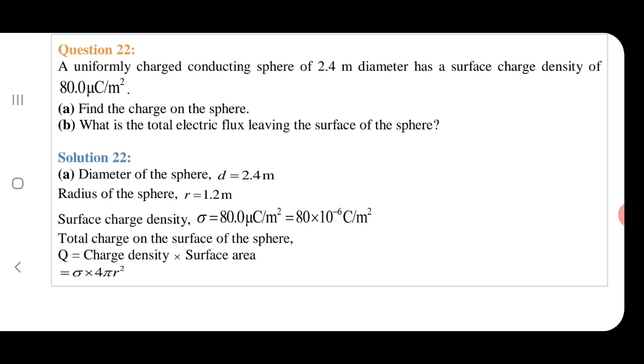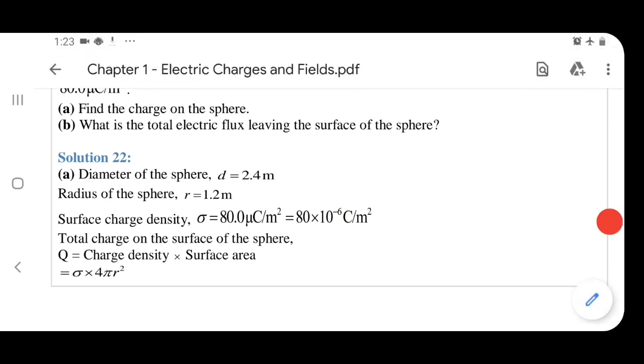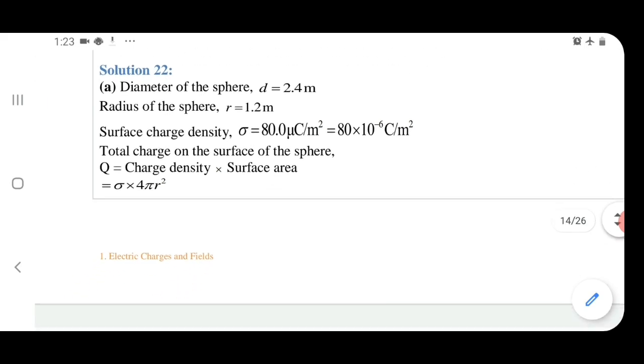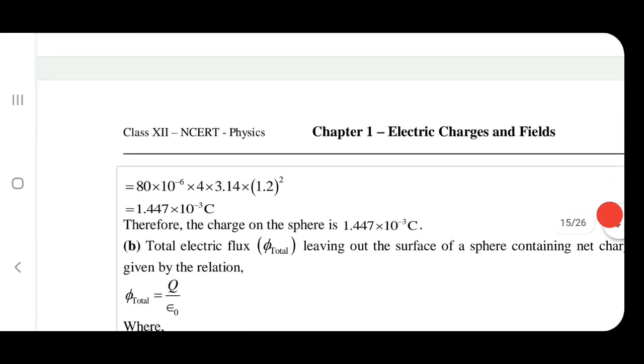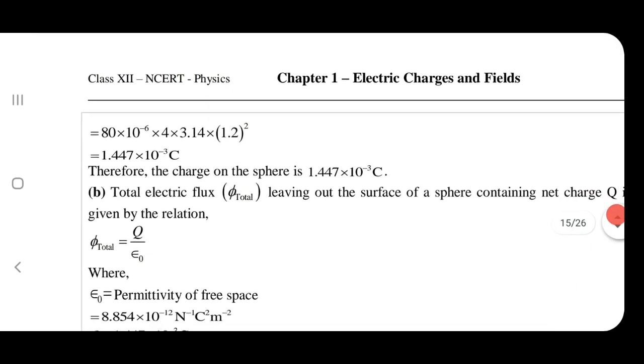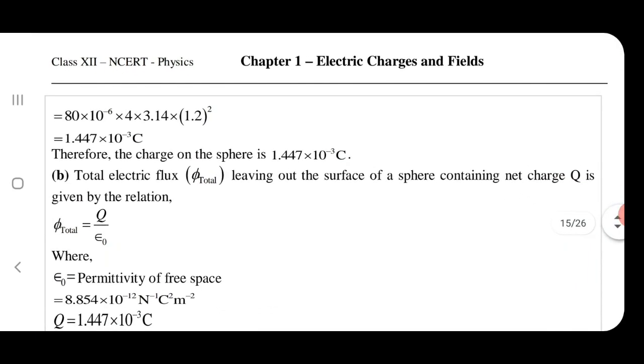So the charge on the sphere becomes Q equal to charge density into surface area, that is sigma into 4 pi r square. Sigma is given, that is 80 microcoulomb per meter square. Change that micro to SI unit, so 80 into 10 raised to minus 6. Now substituting, you will get the answer 1.447 into 10 raised to minus 3 coulomb.